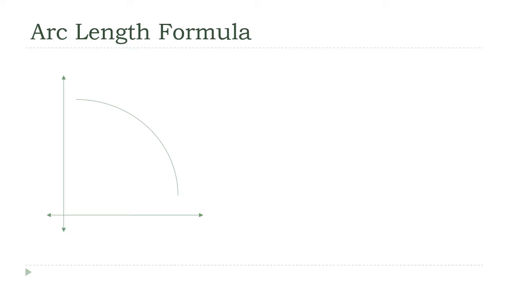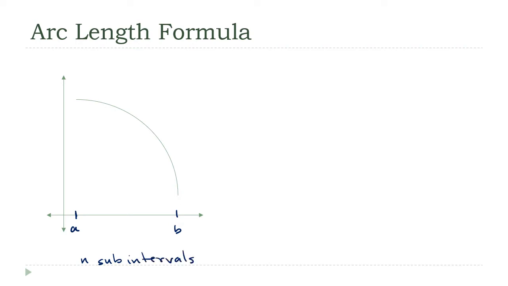So we're going to follow a very familiar pattern to do this. If we want to find the area from A to B, well, we're going to divide this into n subintervals.